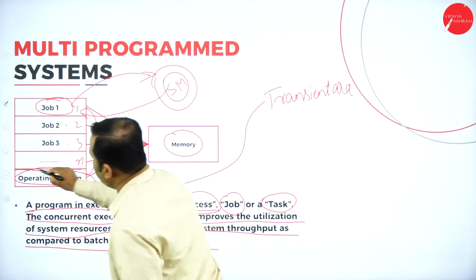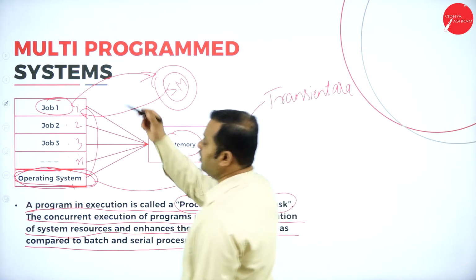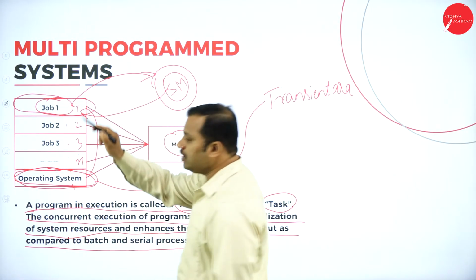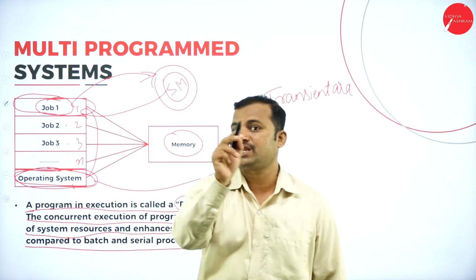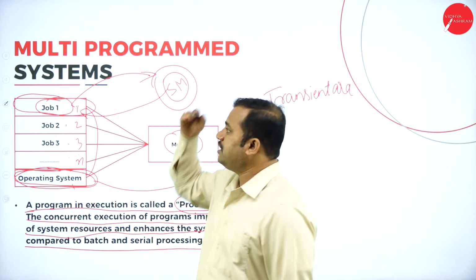Because this area is reserved for the operating system in a few system architectures, the beginning of the main memory is reserved for the operating system. That is not at all used by any of the jobs.